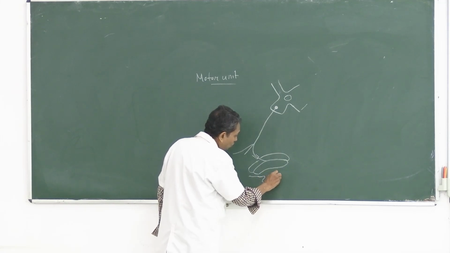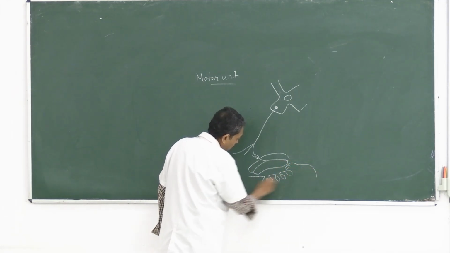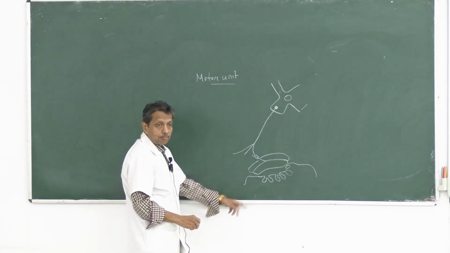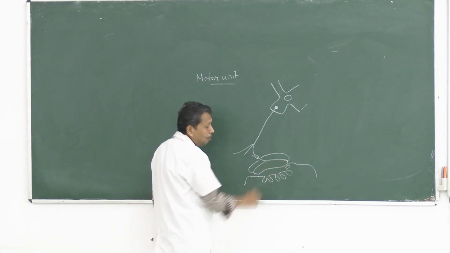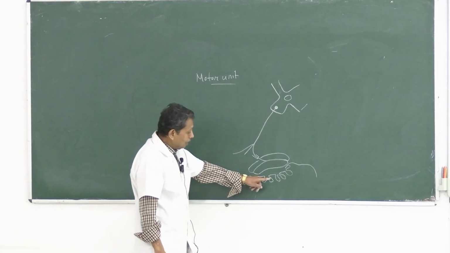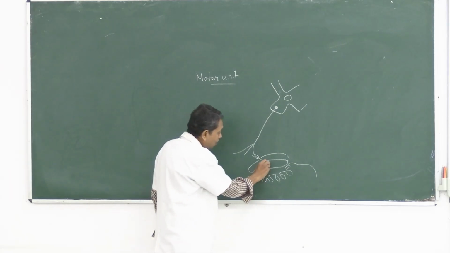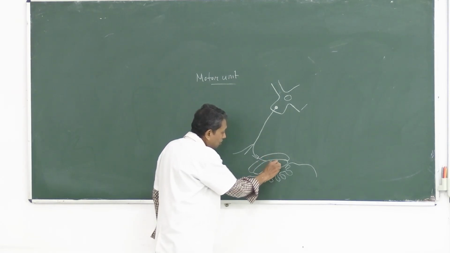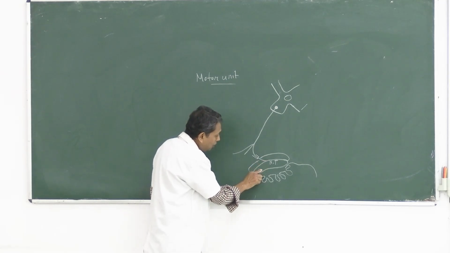There are multiple folds, the junctional folds, to increase the surface area. It is a part of the skeletal muscle, so this is the motor end plate. This is the nerve terminal, or terminal buttons, and it contains mitochondria and clear vesicles.